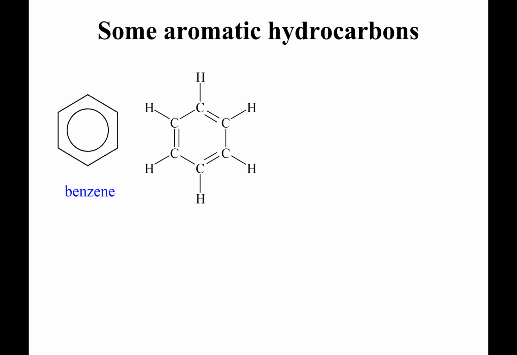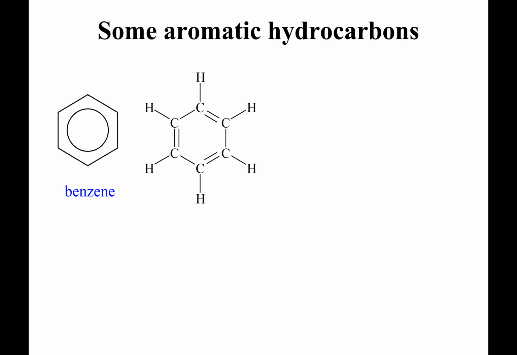I might have said this before, but a cool thing about this alternating double, single, double, single, double, single bond in the ring structure, those 6 carbons, is that they form 2 very important resonance structures.